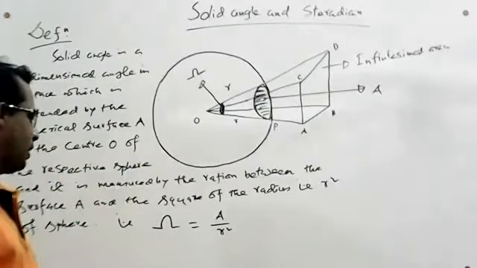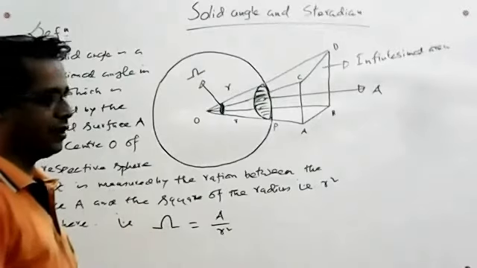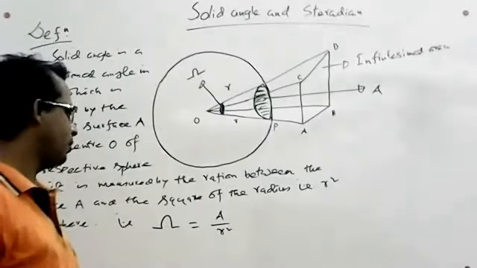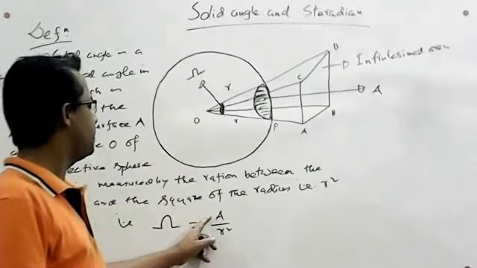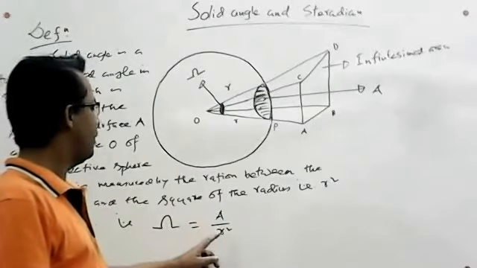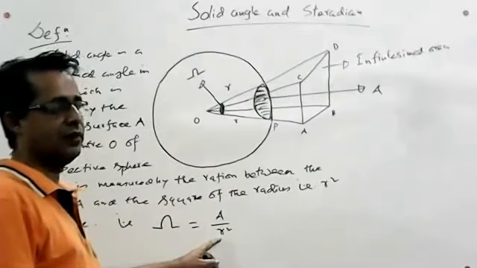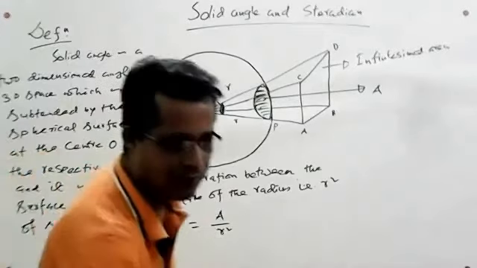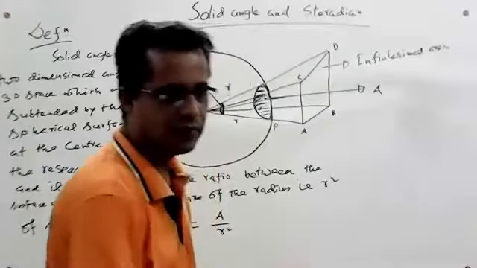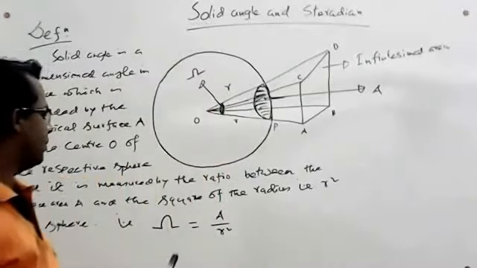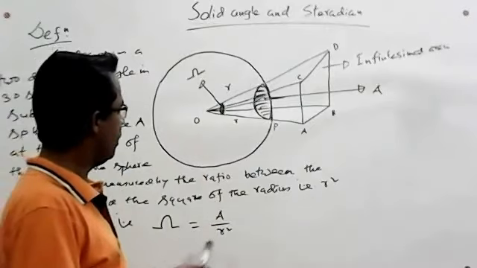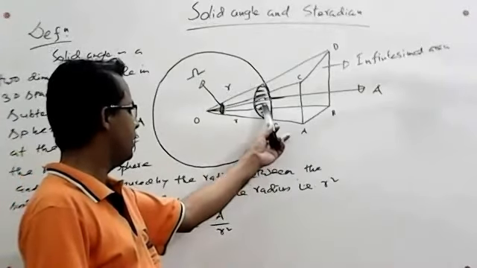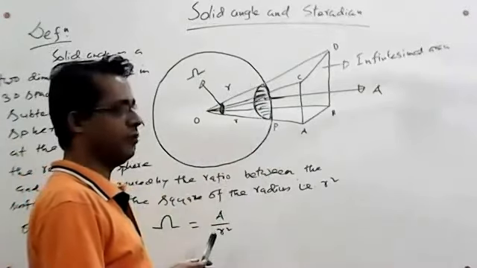That is, omega is nothing but a ratio between two elements, where one element is the respective surface and the other element is the square of the radius of the respective sphere. So, by this mathematical definition, we will be able to calculate the amount of the surface area by this formula.